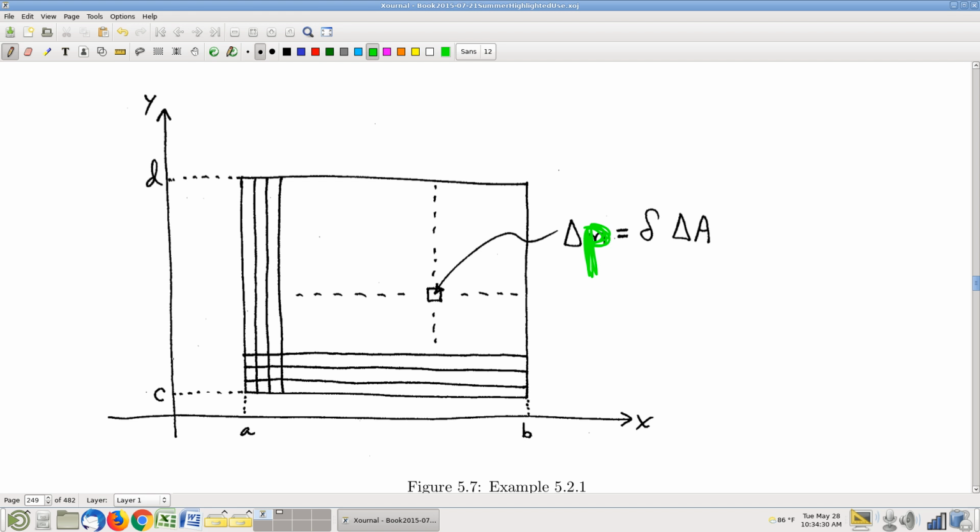If I were to slice up Colorado into a bunch of little pieces, the total population is the sum of the little populations in the pieces. And in each little piece, how would I compute the population in that little square? I would say the population there is population density times area. People per unit area times area gives me people.